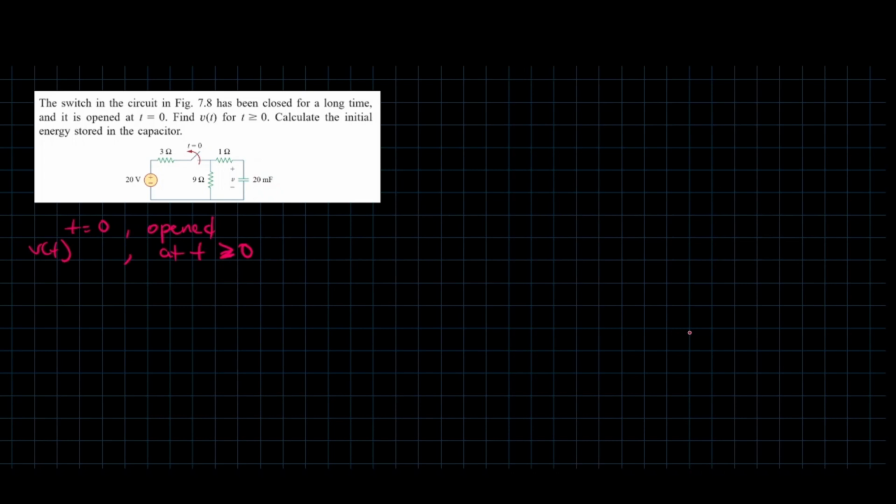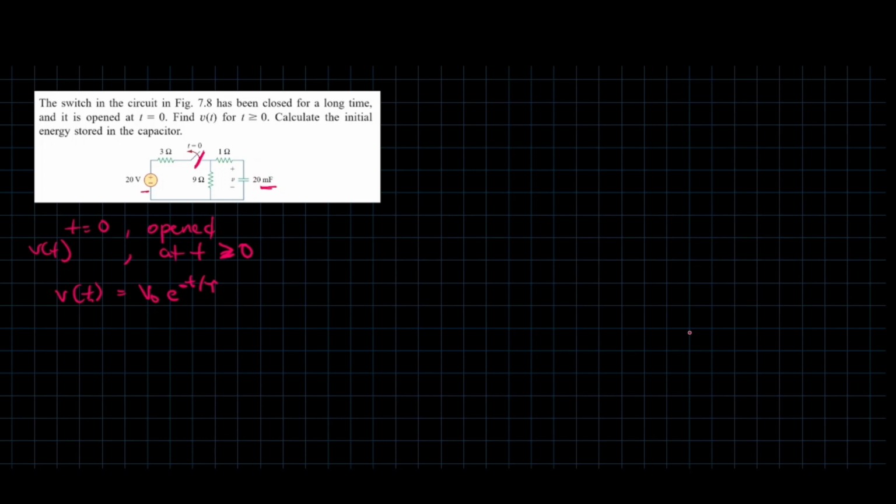Now the formula for v of t that I'll be using will be equal to V naught e raised to the power negative t over tau. Why? After this thing is disconnected at t equals 0, it is this capacitor that begins to act as the battery for the circuit, as the source for the circuit.